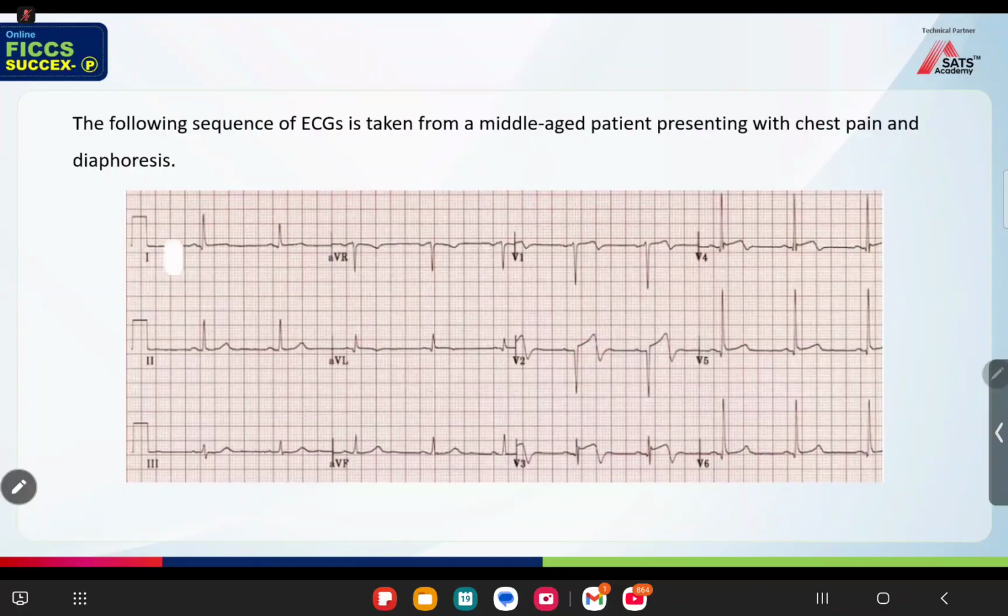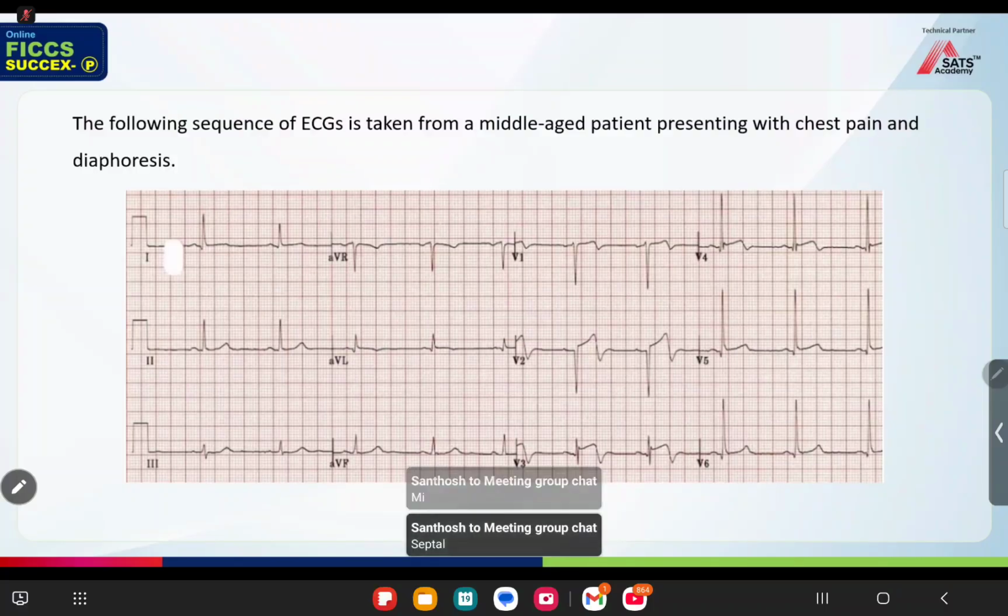The following sequence of ECG is from a middle-aged patient presenting with chest pain and diaphoresis. What is this ECG strip? There is sinus bradycardia. QRS is narrow, and we can see J point elevation in V2, V3, V4, and along with that, ST depression in AVL.